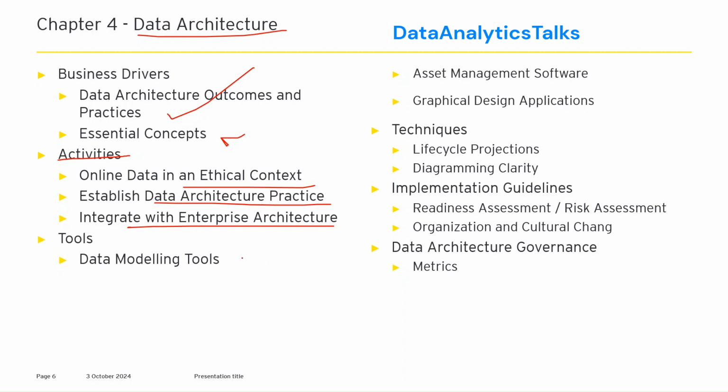Various tools like data modeling tools, asset management software, graphical design applications. Some of the techniques covered in this chapter are lifecycle projection, diagramming clarity, implementation guidelines like readiness assessment and risk assessment, organization and cultural change, and finally data architecture governance like metrics. So these are the topics that are covered in data architecture.